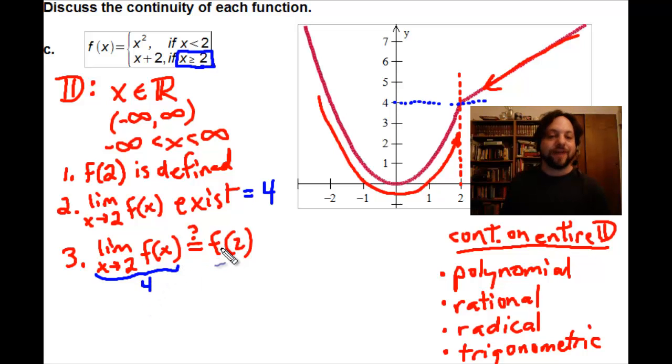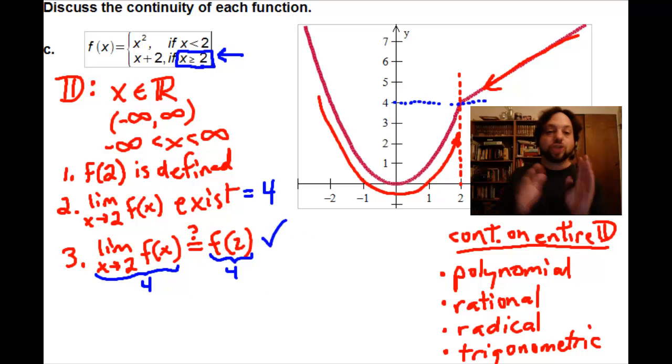What do I get if I evaluate this function at 2? Well, I'll be using this bottom piece of the piecewise function, and if you stick 2 in there, look what I get. I'm going to get 4. And so this does check out. So, the domain is all real numbers. By our formal definition of continuity, this function is continuous everywhere.